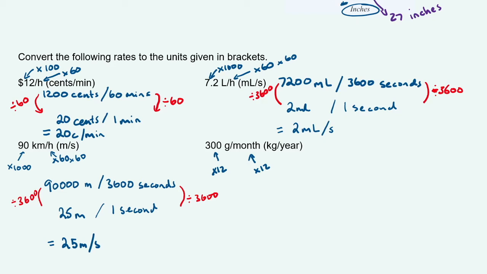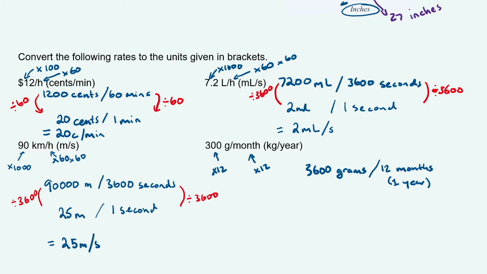So we have 300 grams times that by 12, and coincidentally, it's actually 3,600. So that's grams. And that's going to be per 12 months, or rather 1 year.